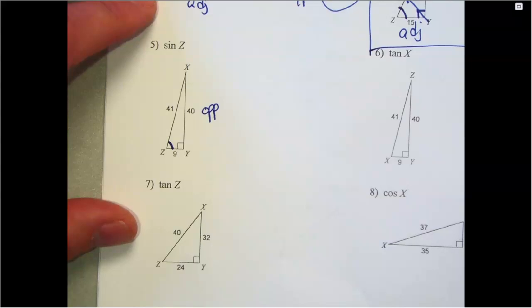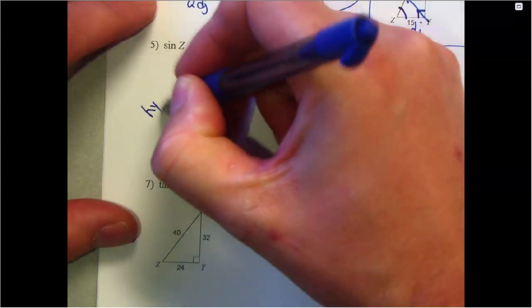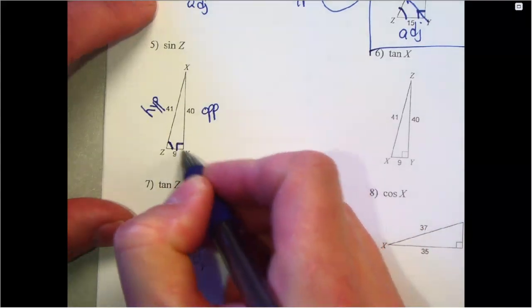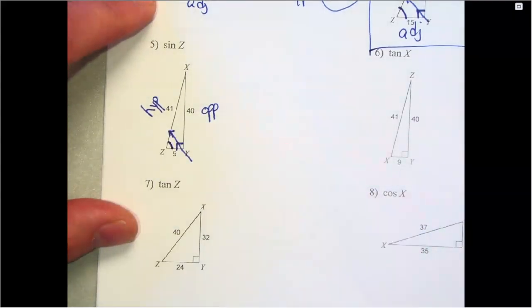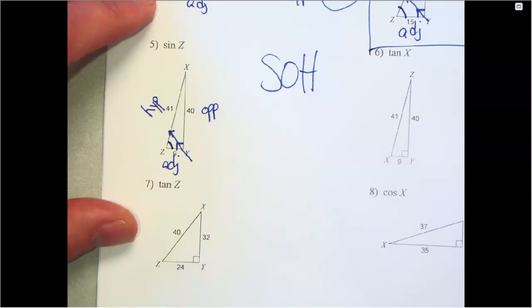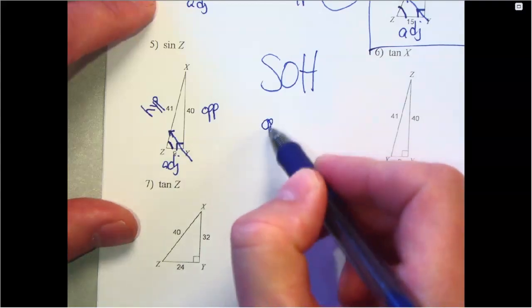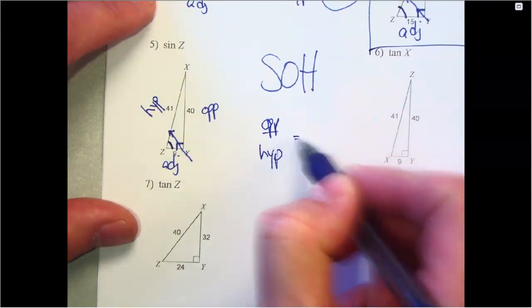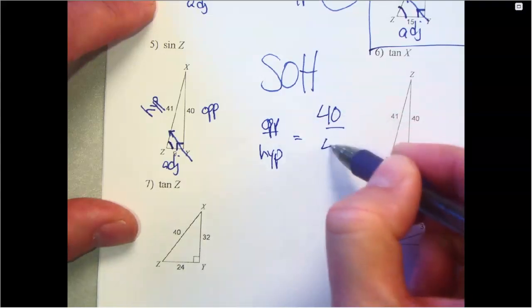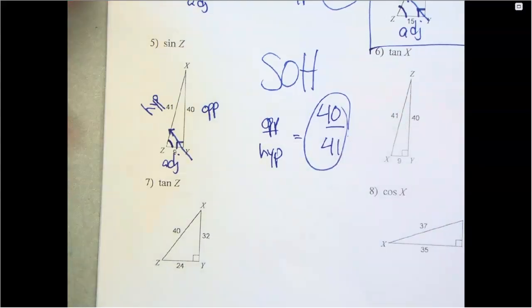One side's the longest. This is 41. That's my hypotenuse. Or you can look at it like this is the head of an arrow that points there, and then the adjacent is the hub. That is opposite over hypotenuse. Opposite is 40, hypotenuse is 41.